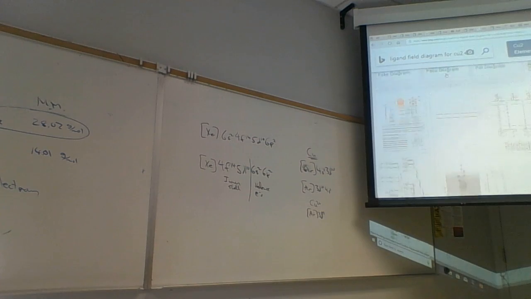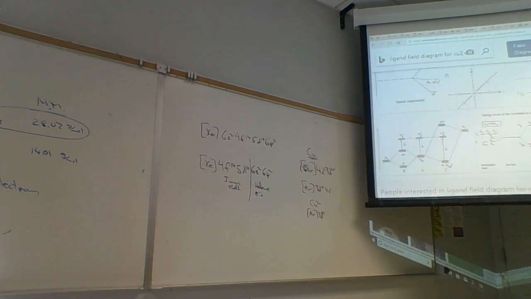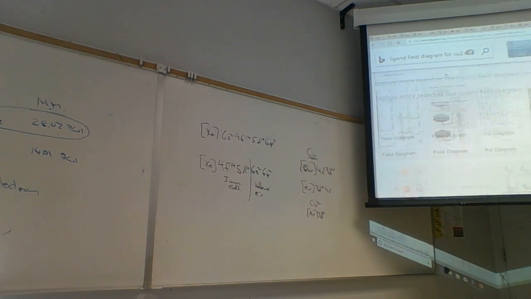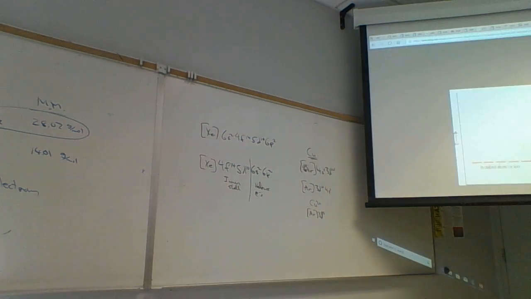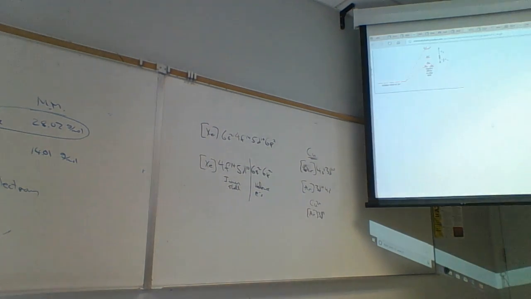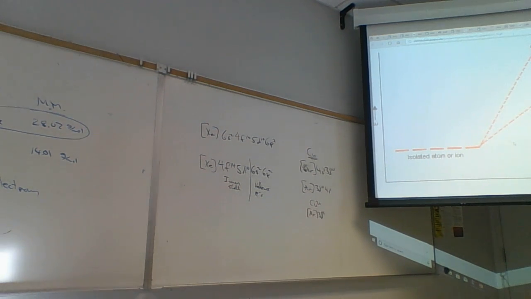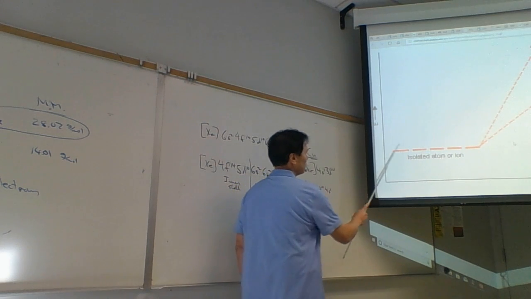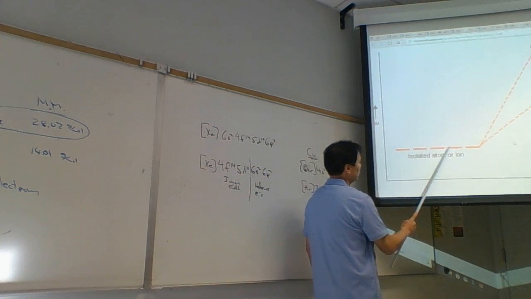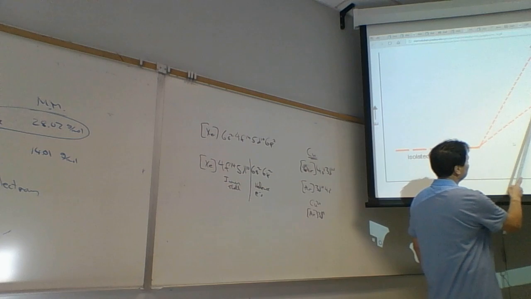But what happens is in that structure, it screws up all the d orbitals. The d orbitals no longer become degenerate. So these are the 5 d orbitals, 1, 2, 3, 4, 5. Well, what we see is splitting in the d orbitals.